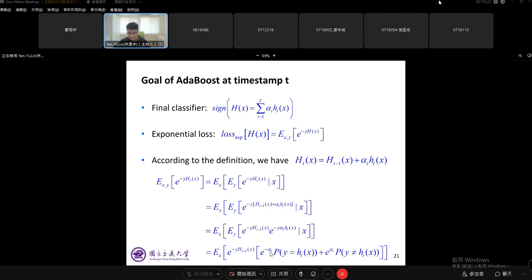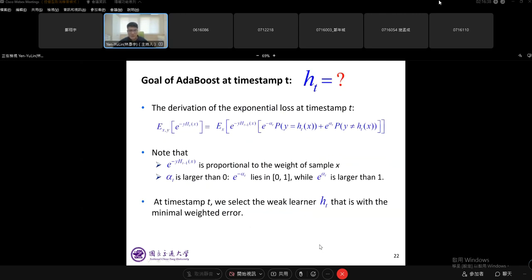So we can say the probability that this data point has been correctly classified by h_t. The second part is that this data point is wrongly predicted. So this is the last equation at the top of this slide. Based on this equation, actually this is the exponential loss.